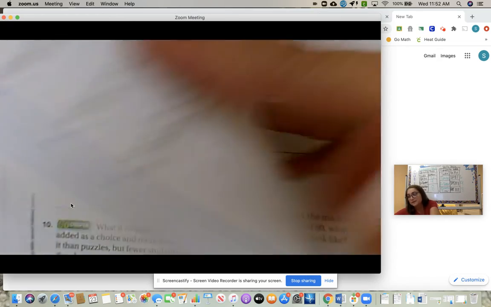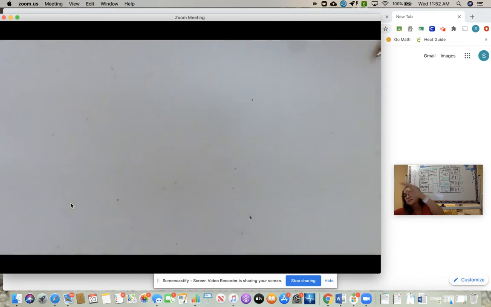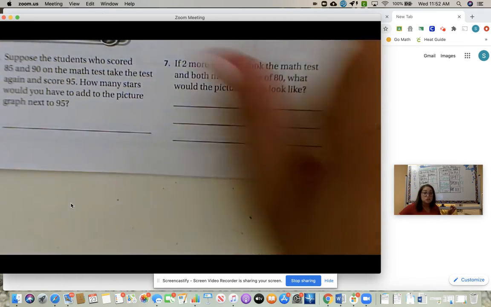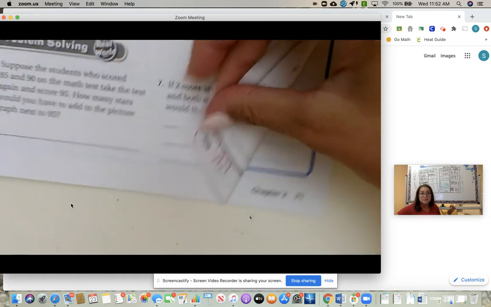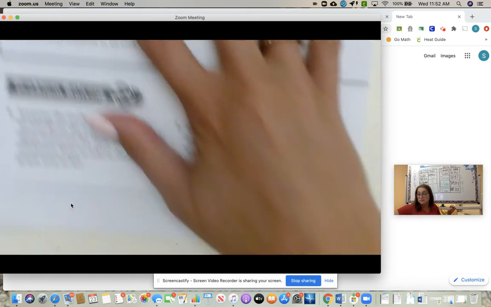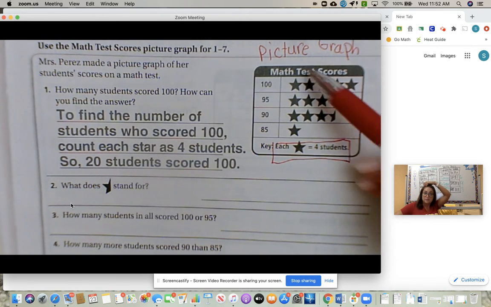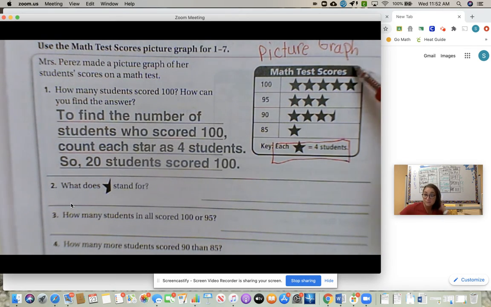Now for your homework. Flip the page. So page 70A, do it all. 70B, do it all. I want you to label, again, write picture graph. Pay attention to the key.